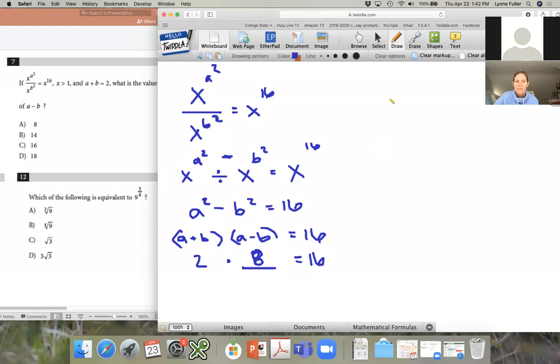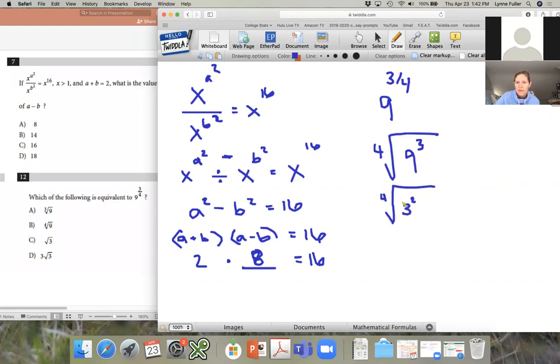Okay, so looking at number 12, I have 9 to the 3/4. So that is going to be the fourth root of 9 cubed. You can also break 9 down a little further if you wish, which I think is a little easier personally. So 9 is a result of 3 squared.